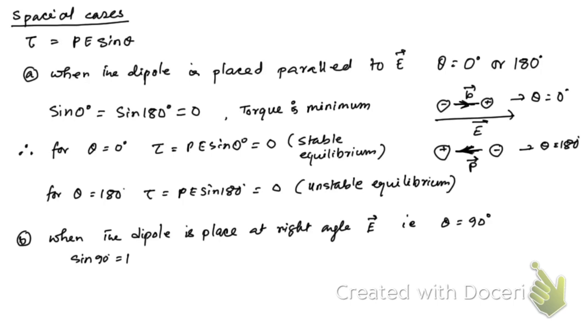So in that case, torque is P into sine 90, that's gonna be P into E, which is the maximum.